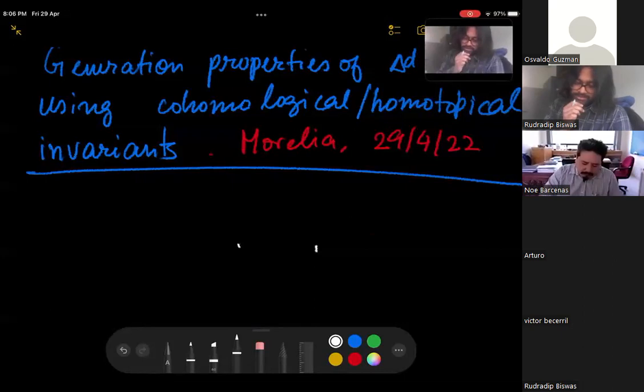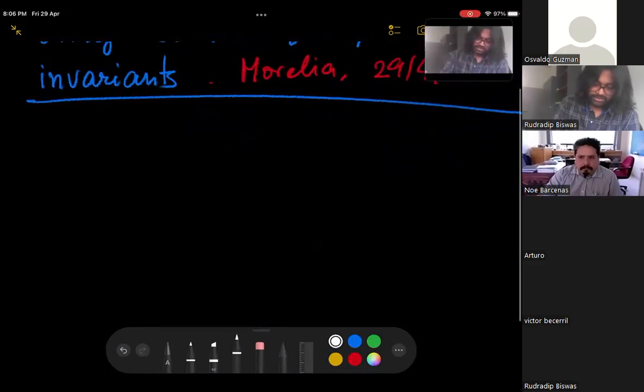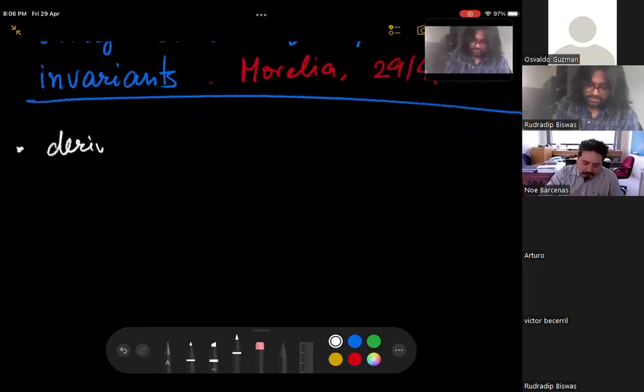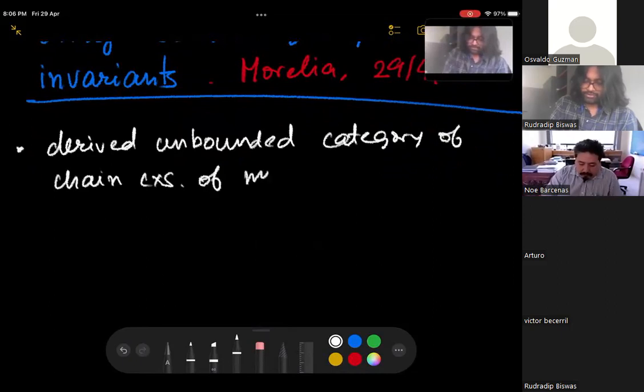So today I'll be talking to you guys about some triangulated categories that arise in the study of representation theory. Two such categories that I'll be dealing with are the derived unbounded category of, let's say, chain complexes of modules over group algebras.